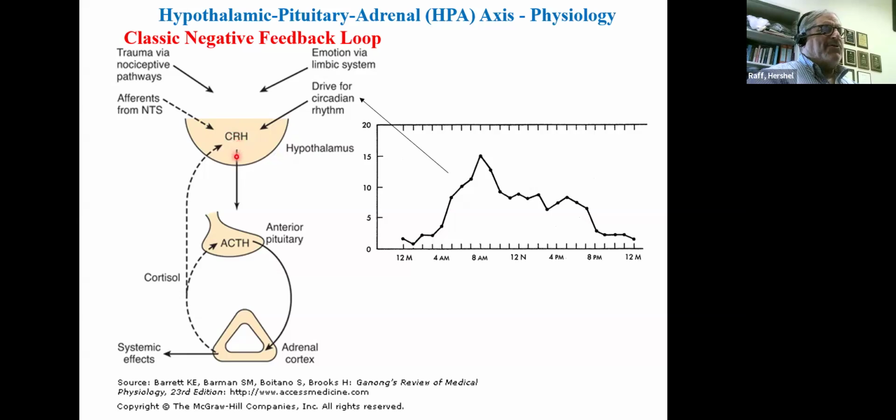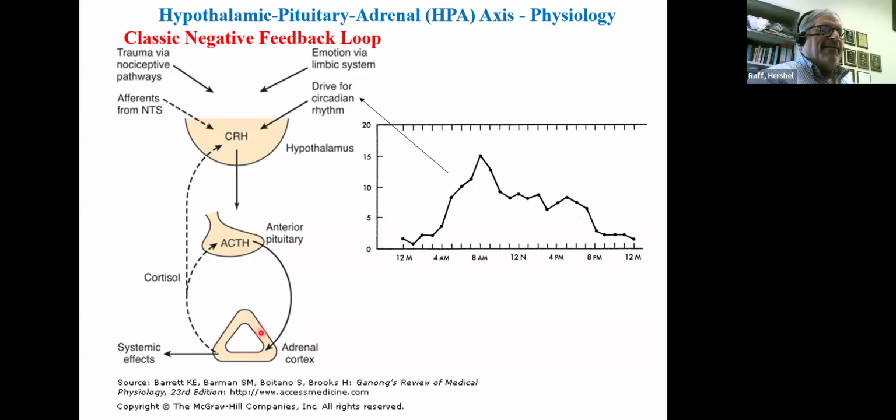CRH from the hypothalamus through the portal vein stimulates the anterior pituitary gland to make this very interesting hormone ACTH. The T could stand for two different things. Tropic, which means a very quick response where it stimulates the adrenal gland to have a burst of cortisol release, or trophic, which is the growth promoting effects of the adrenal gland.